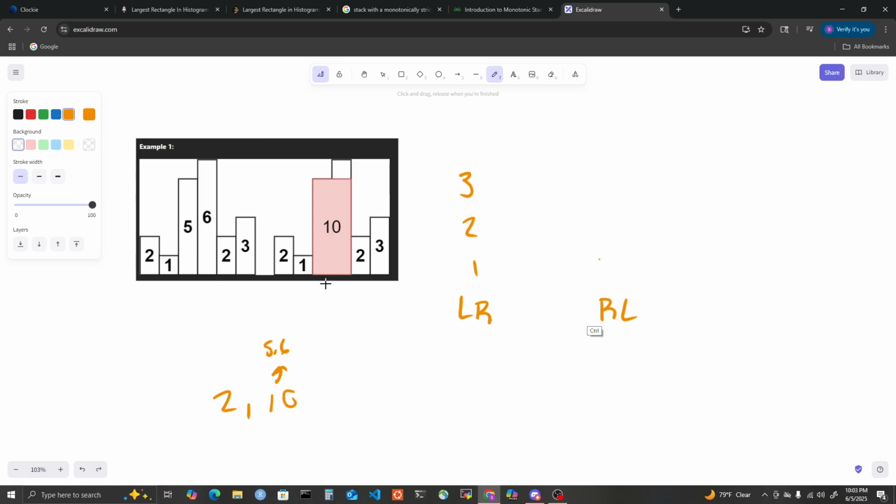Then I added 2, so I'm gonna pop that. So I'm gonna drop a 3 here. At the 2, at the 6. Oh, but then I have 5. 5 is gonna pop the 6, so I'm gonna drop a 6 here. Oops, we drop a 6 here. Go to 5, and then now I go to 1. That's gonna pop the 5.